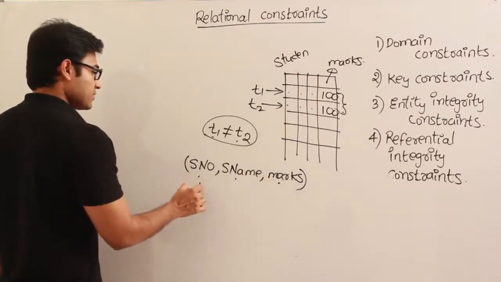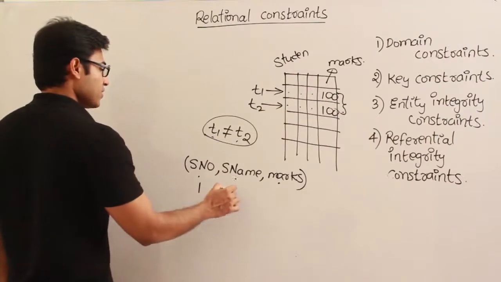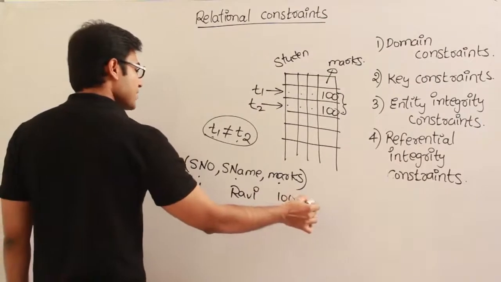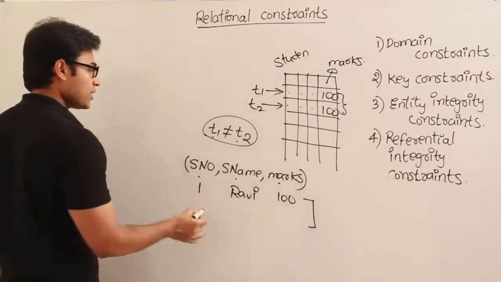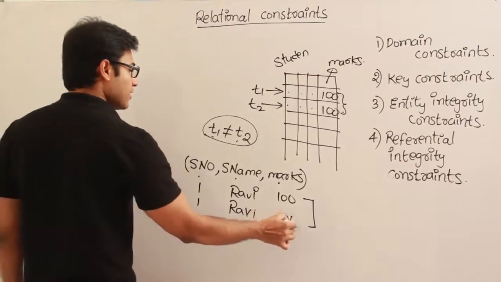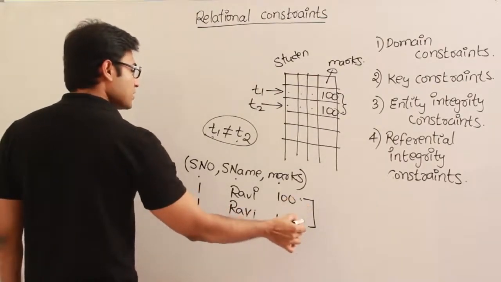Let us say one student has number 1, name Ravi, and marks 100. Now I should not have the same values for some other student: number 1, name Ravi, and 100, right? So I don't want this to happen.